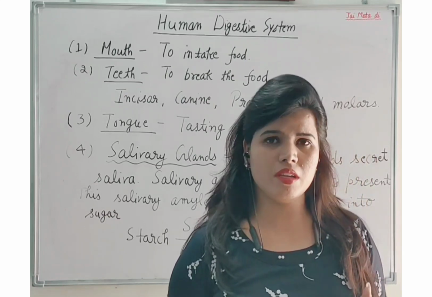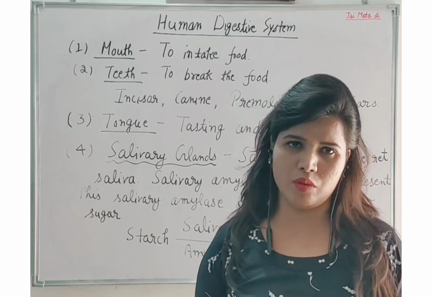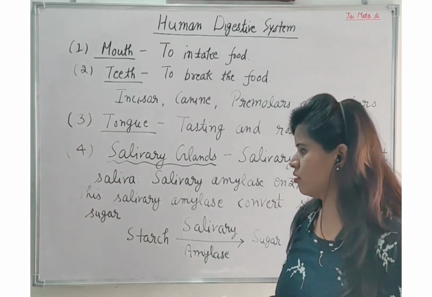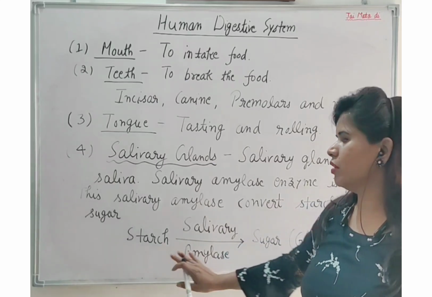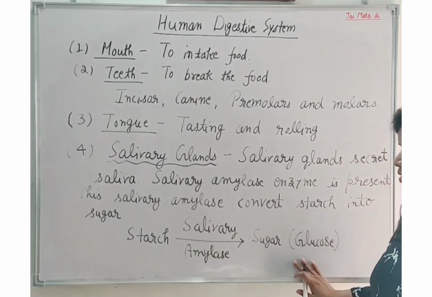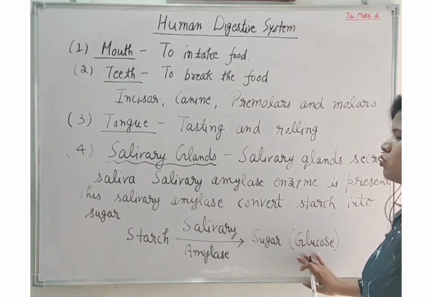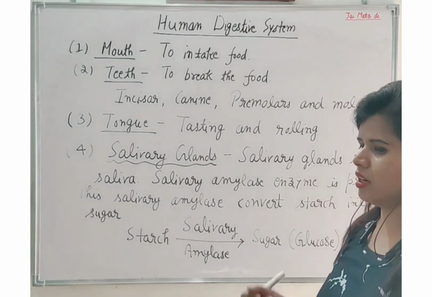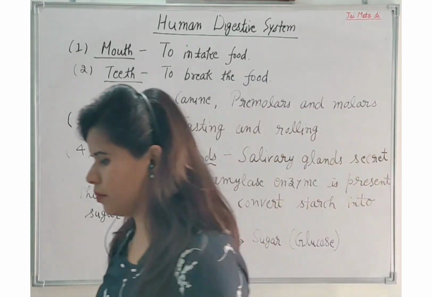After chewing and eating the chapati, we feel a sweet taste in our mouth. So why so? Because the starch present in chapati will convert into sugar or glucose with the help of this salivary amylase enzyme. And as you know, this sugar is sweet in taste. So finally we feel the sweet taste of chapati, right?